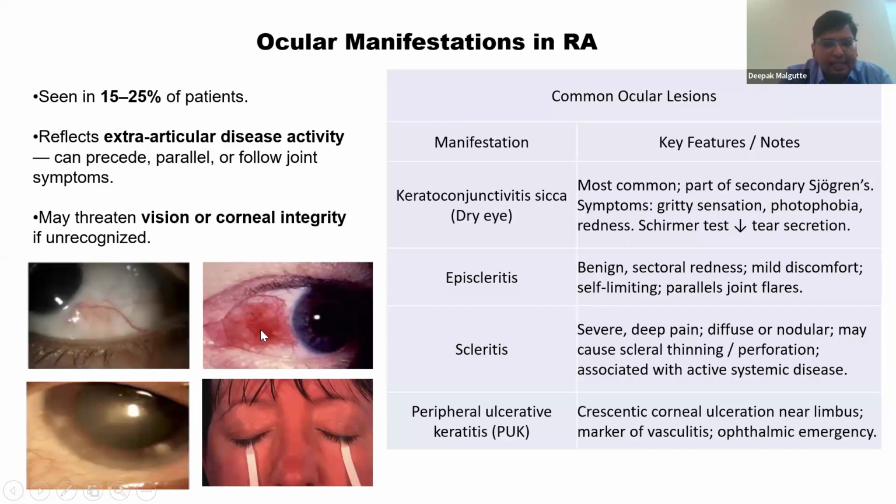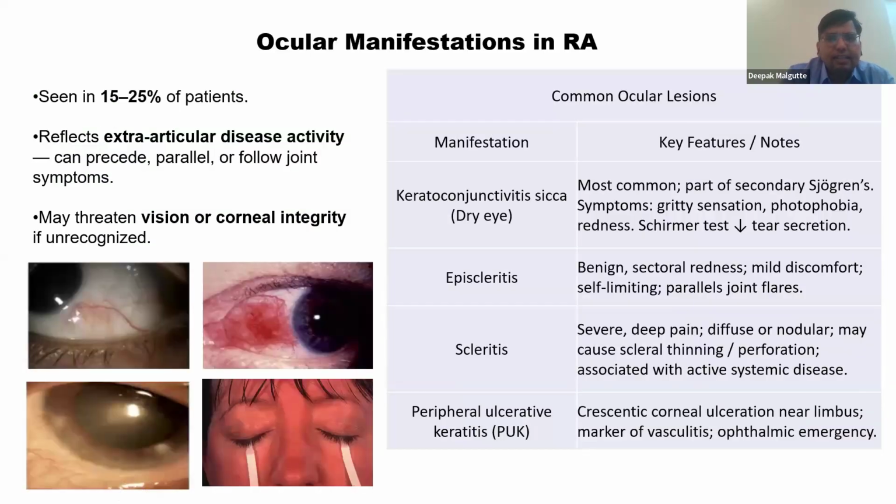Sometimes it can lead to scleritis, which is of various types, like diffuse scleritis, nodular scleritis, or necrotizing, which is a severe one, where the patient needs aggressive immunotherapy. And sometimes it can lead to peripheral ulcerative keratitis, which is again a serious condition involving the eye, where we need immunotherapy.